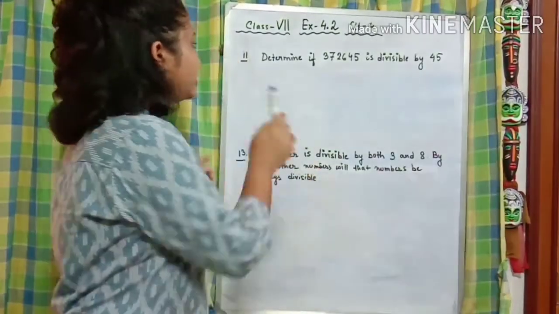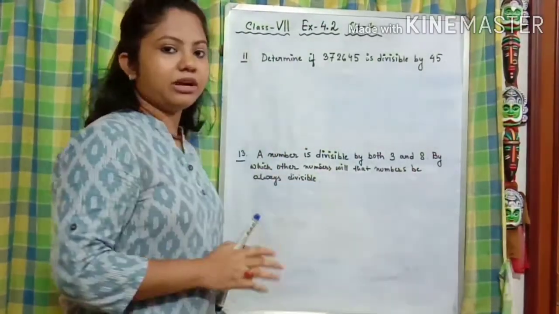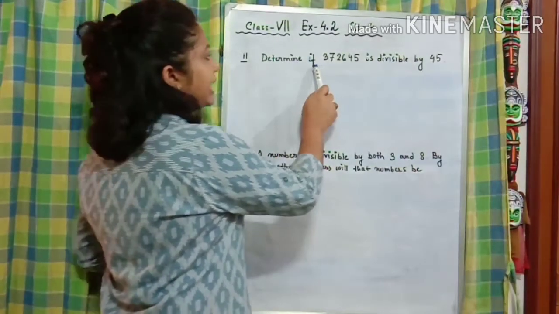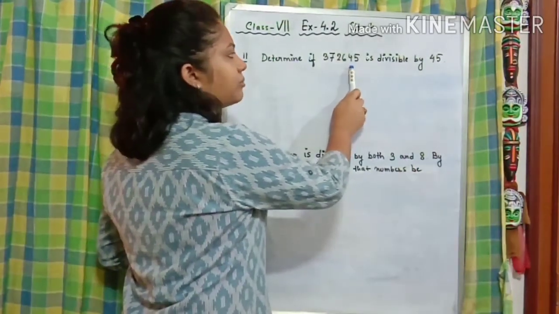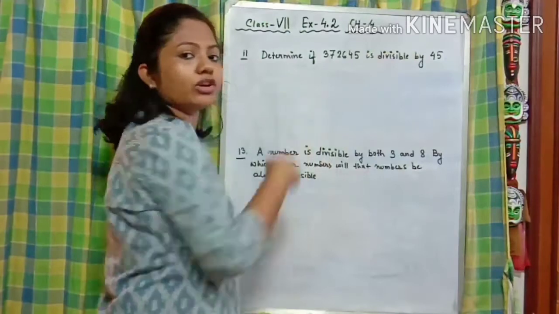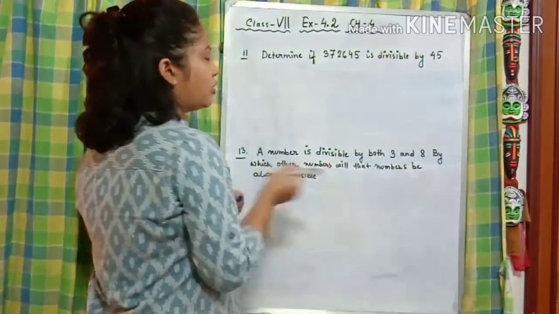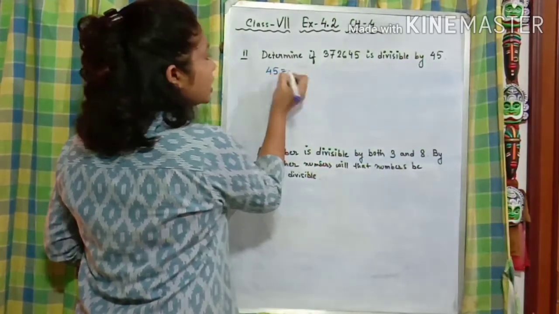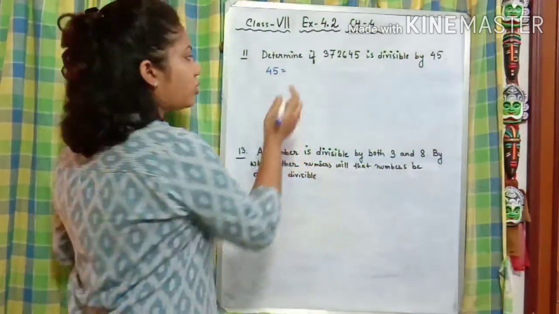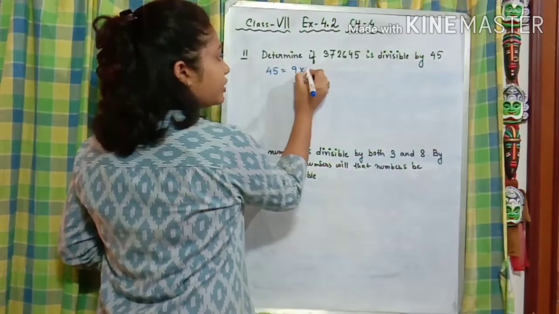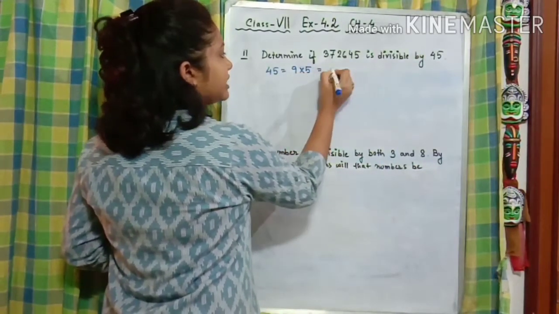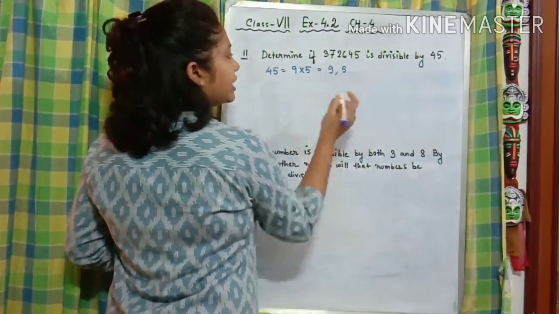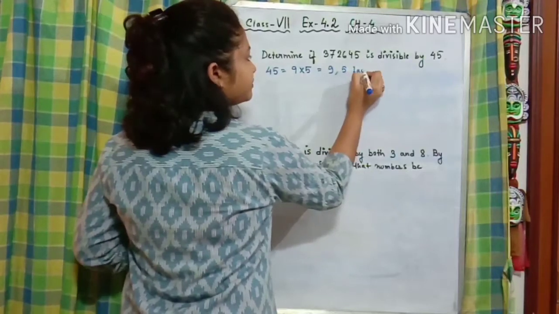Now coming to the next one, sum number 11. We have to find whether this number is divisible by 45 or not. First we see the factors of 45. We know that 9 5s are 45, so 9 and 5 are factors of 45.